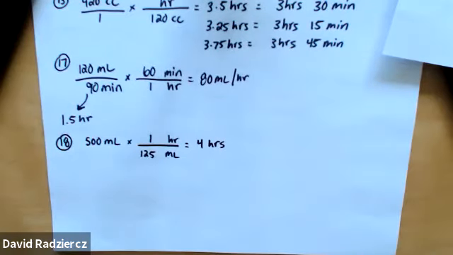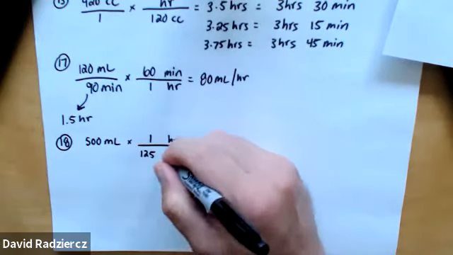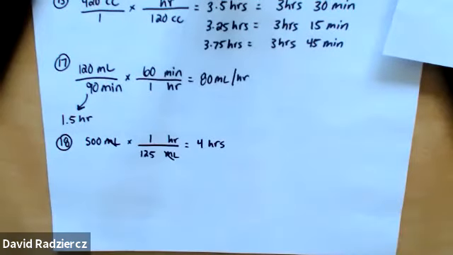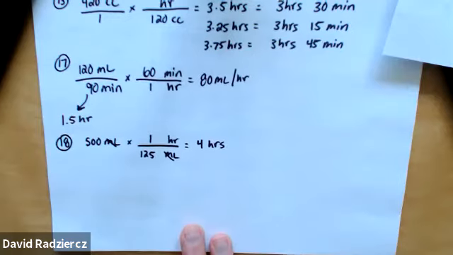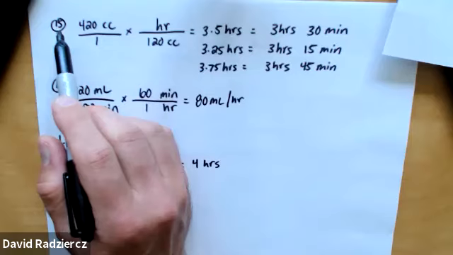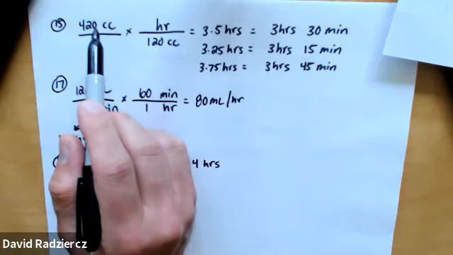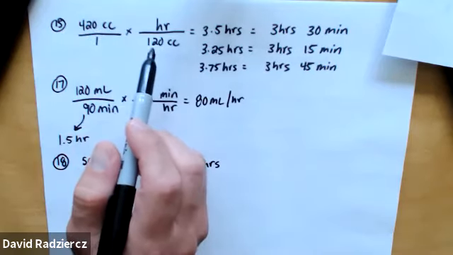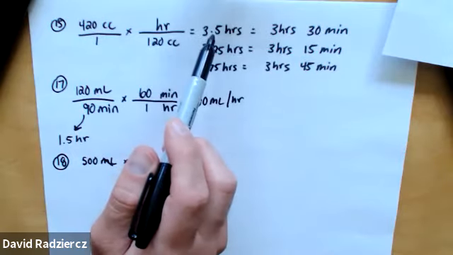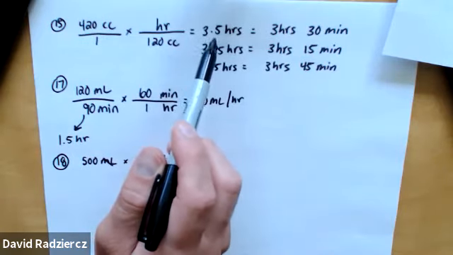I write it this way because then I can eliminate my units and I'm left with just the hours, so I know I've set it up correctly. You can see that there's a variation of this question. This is actually from the 4th semester class. They had 420 cc's infusing at 120 cc's per hour, and the question asked for the hours and minutes for this running out.